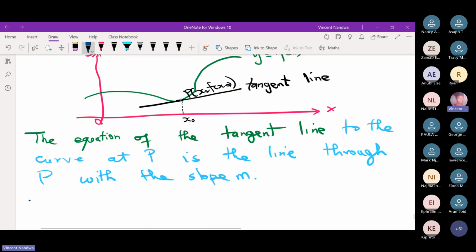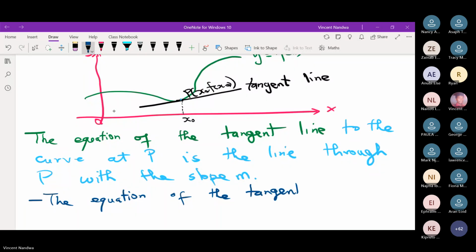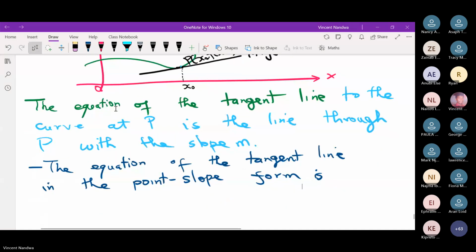So the equation of the tangent line in the point slope form is given by y minus f of x naught equals f prime at x naught, times x minus x naught.